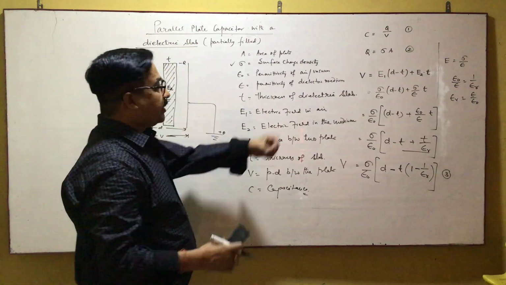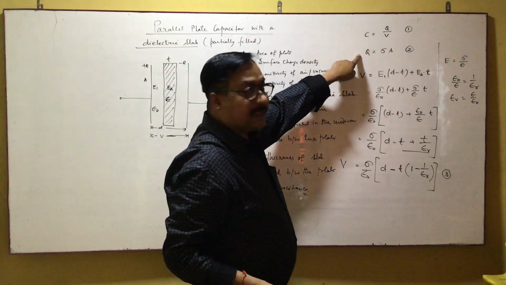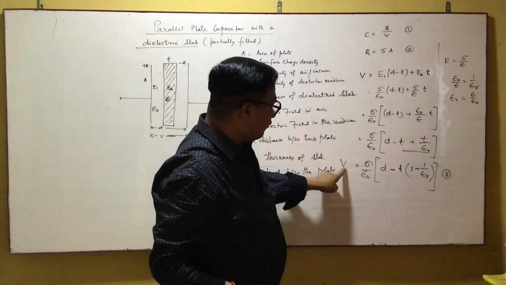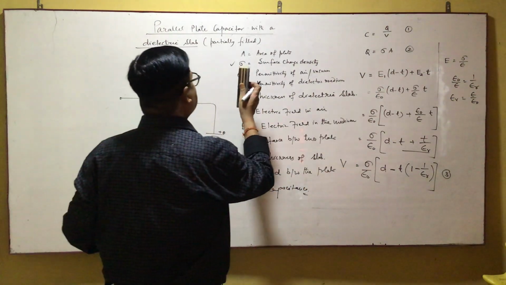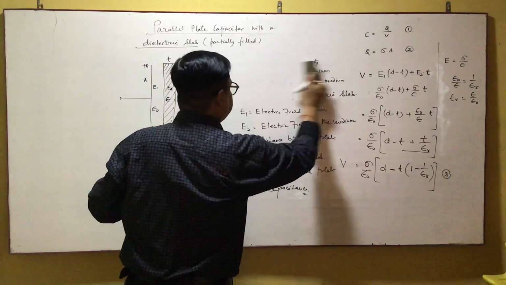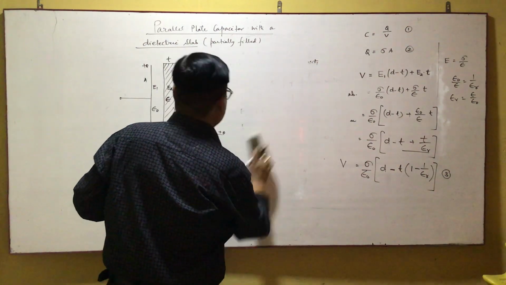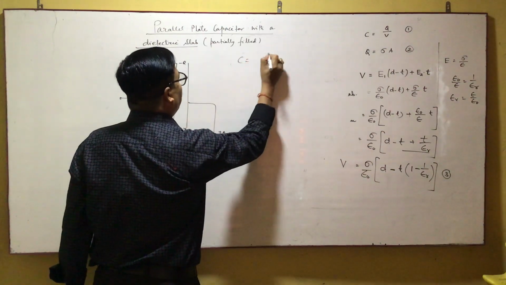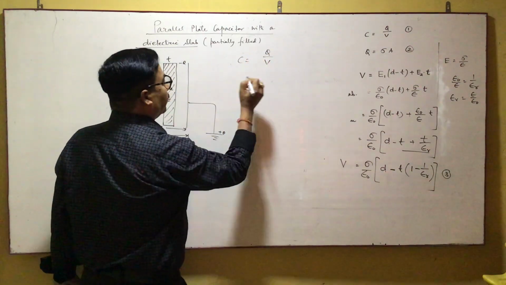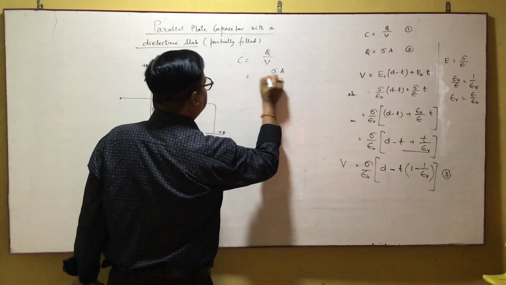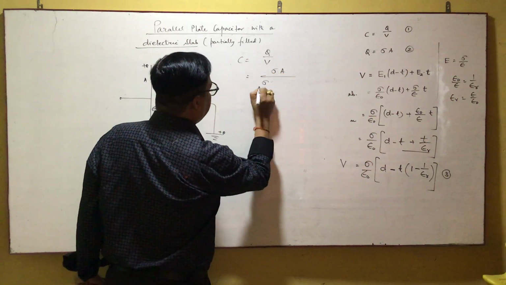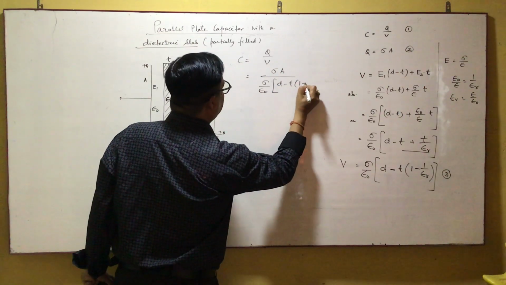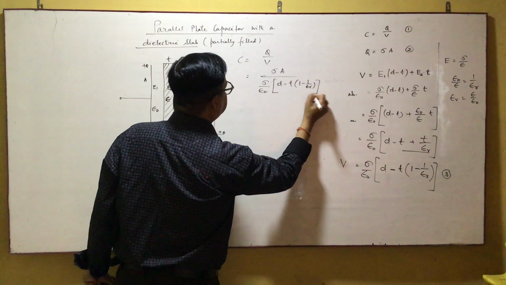Now from equation 2 we can write the value of Q, and from equation number 3 we can write the expression for V. So the capacitance C can be now written as Q by V. In place of Q write sigma into A, in place of V write sigma by epsilon naught into bracket D minus T (1 minus 1 by epsilon r).